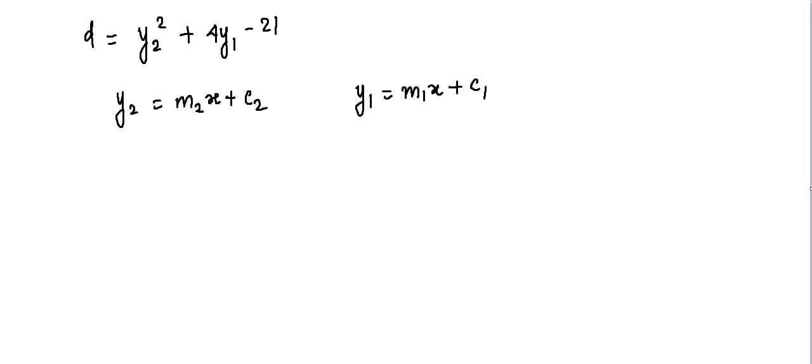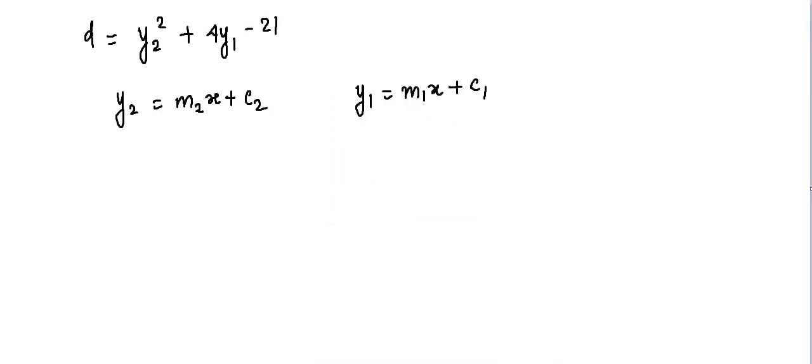So we have got these two equations. Now we have been provided some conditions: when x is equal to 0, y1 is equal to 8 and y2 is equal to 3, and when x is equal to 7, y1 is equal to 0 and y2 is equal to 7. So first of all, let's find out what exactly the linear equation is. We will be removing those variables such as m2, m1, c2, c1 by forming equations.